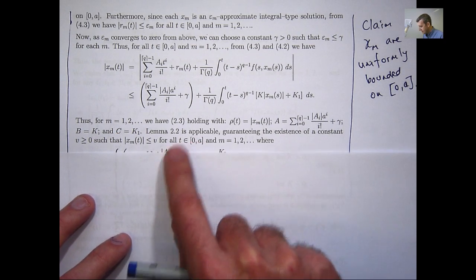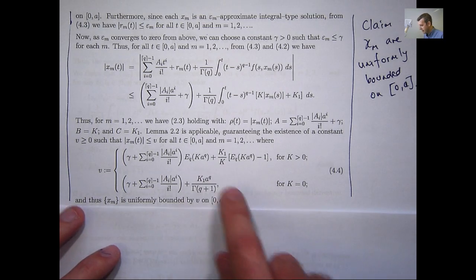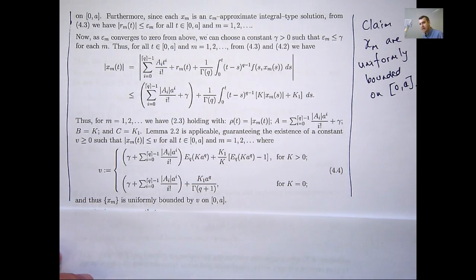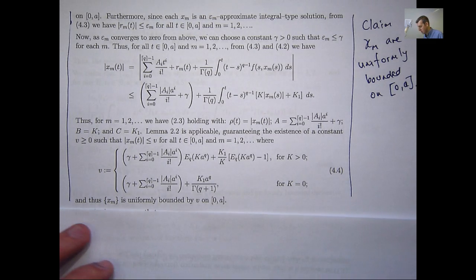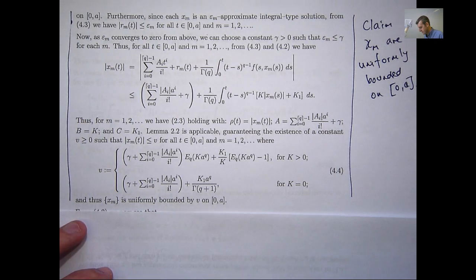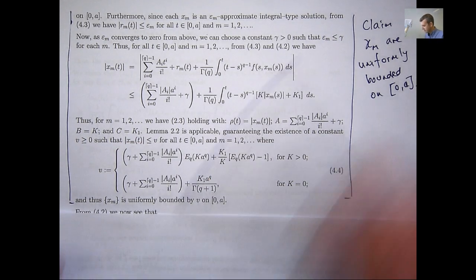So essentially, you can form an a priori bound on each of these epsilon m approximate solutions. Okay, so that's what this V is. So that's taking care of this claim here.